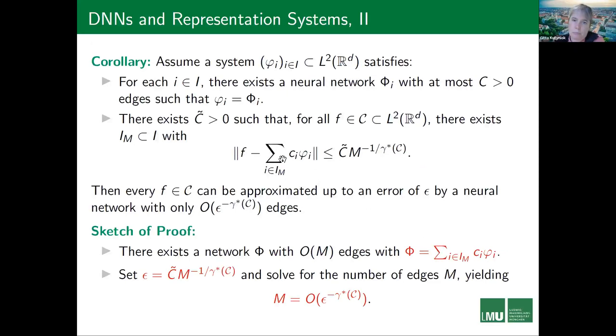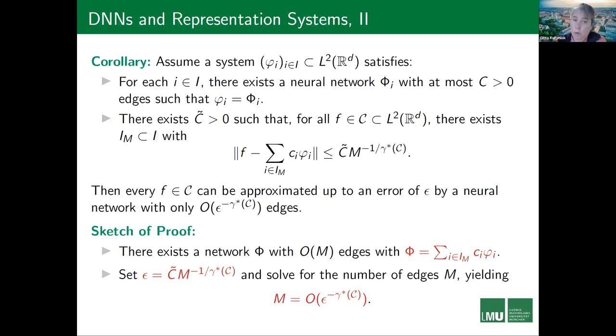So now I have here f minus my realization of my neural network. And I would like this to be less or equal than epsilon. So I set this equal to epsilon, and then I solve for m. And then I get m is equal to O of epsilon to the minus gamma star of C. And so I have a network which approximates f up to epsilon with that many edges.